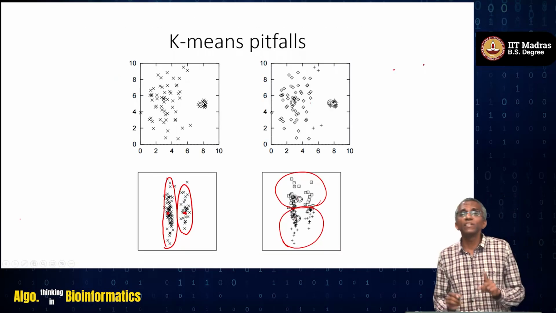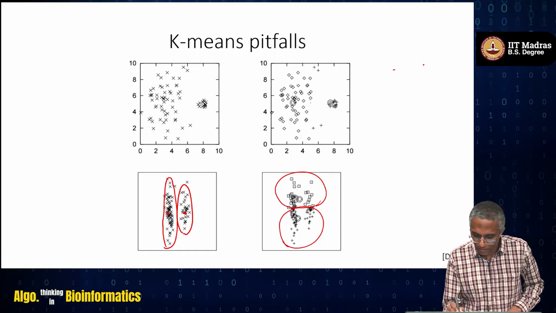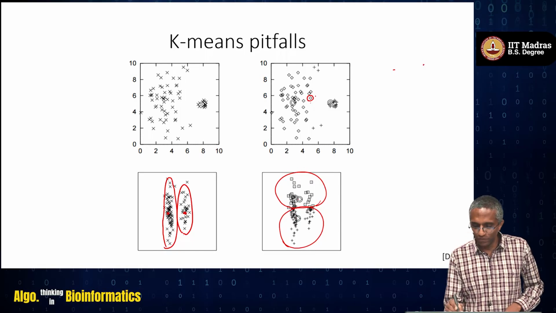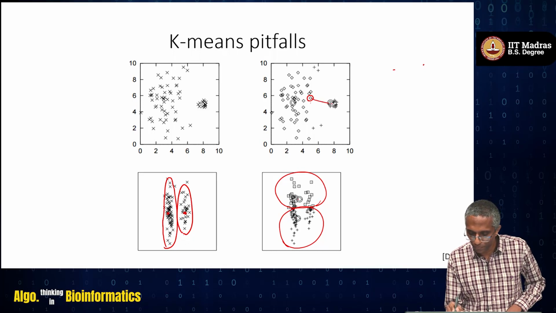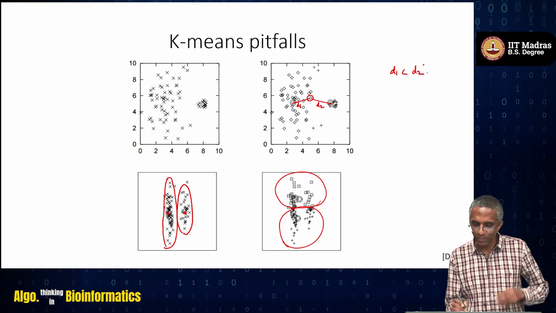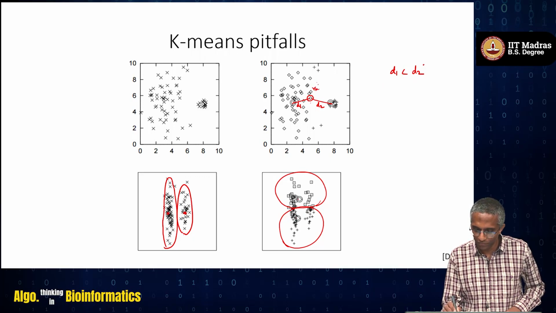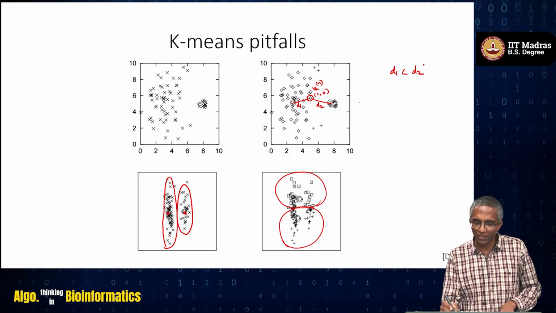Let's take this example to see how those responsibility vectors can be made fuzzy. Let's take this particular case where you have D2 to the center 2 and D1 to center 1, and we know that D1 is less than D2, which means that our current responsibility vector, if this is the data point xn, R_k of n is going to be 1 comma 0, because the first one is the closest.